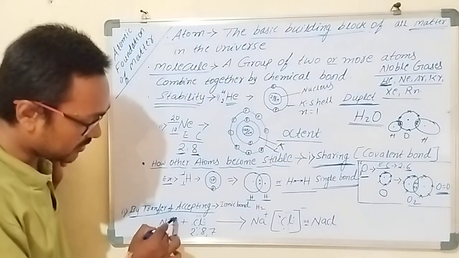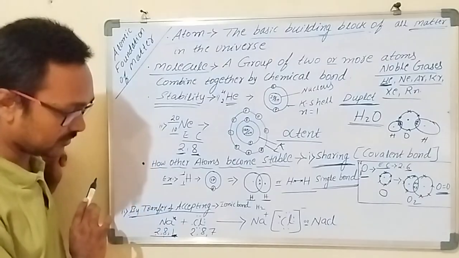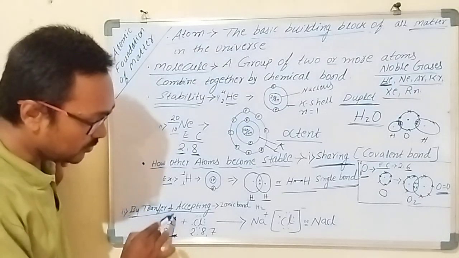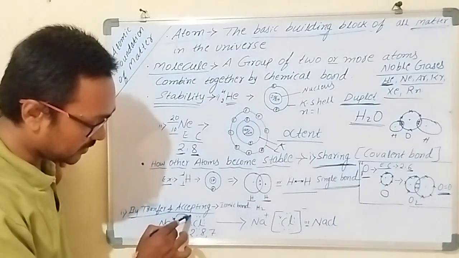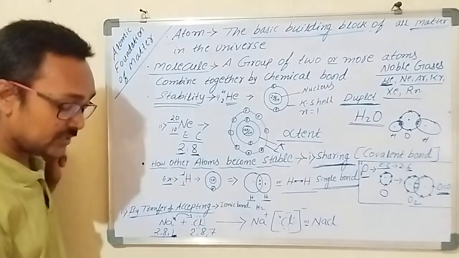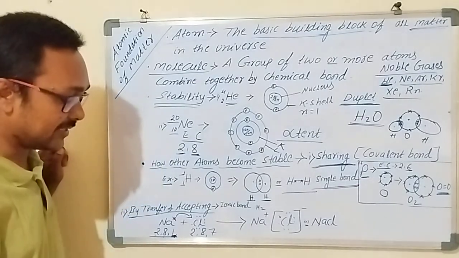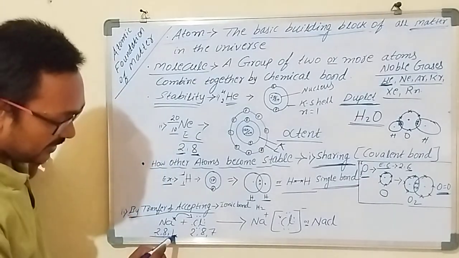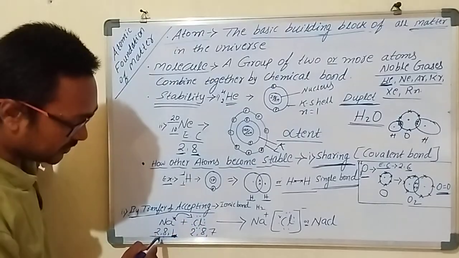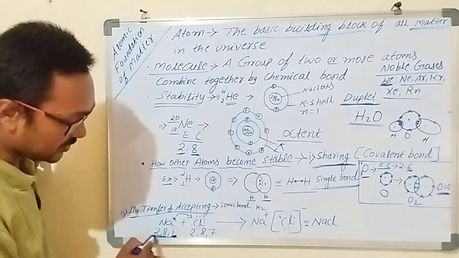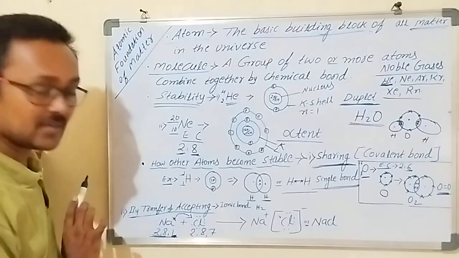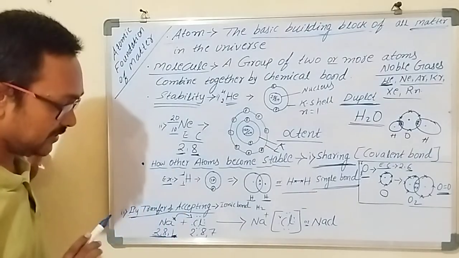So I cross it, meaning it is having 1 electron we can consider. And to whom is it donating? It is donating to chlorine. The chlorine should accept 1 electron to get the noble gas configuration. When sodium donates 1 electron, its electronic configuration is just 2, 8, and Na becomes Na plus, as 1 electron is given out.